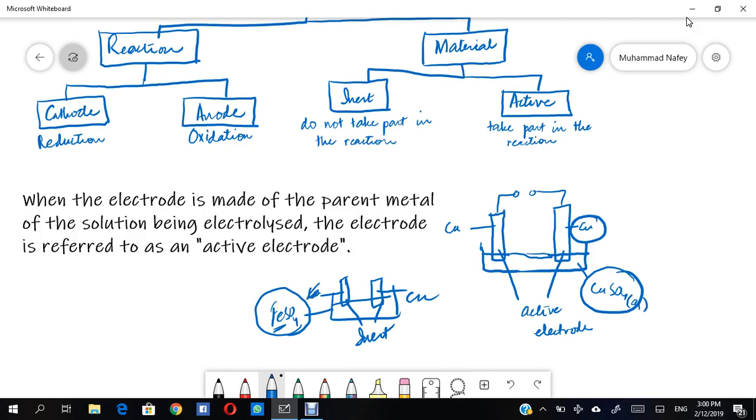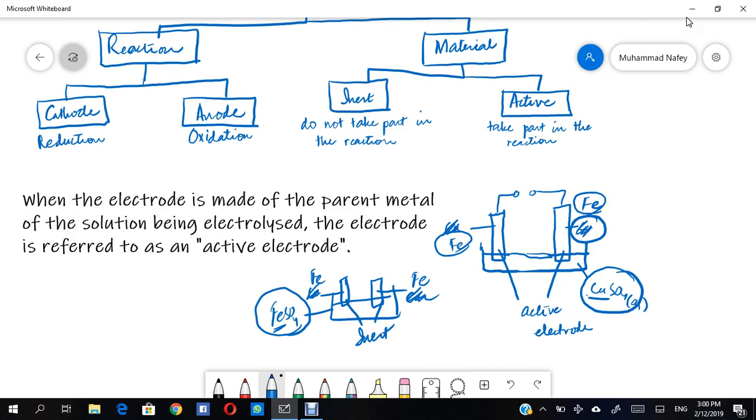However, if I had used iron electrodes here, these would have been active electrodes. Likewise, if I replaced copper in copper sulfate with iron, these electrodes again would be inert, because iron is not the parent metal of copper sulfate.